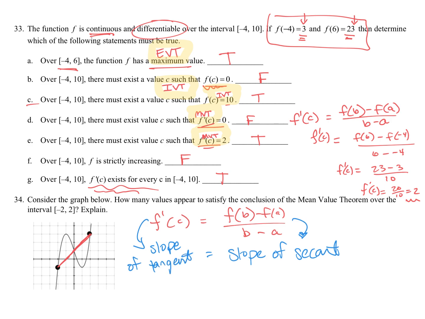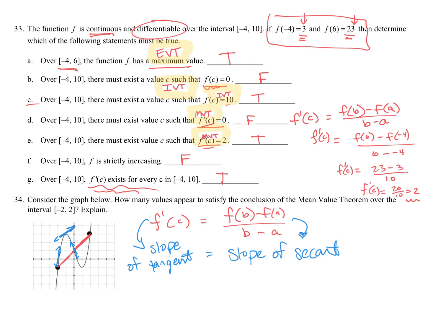So I'm going to imagine a tangent line on the interval, and my tangent line here would be too steep. My tangent line on this section would be negative, but somewhere between there, maybe right about here-ish, if I drew the tangent line, it would have the same slope as that red secant line.